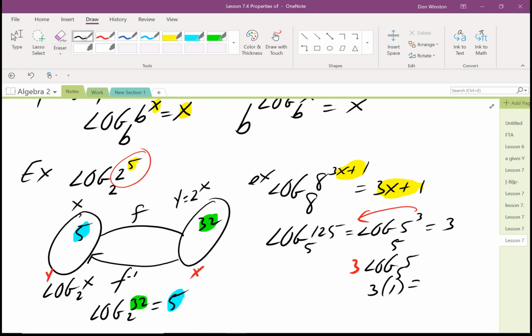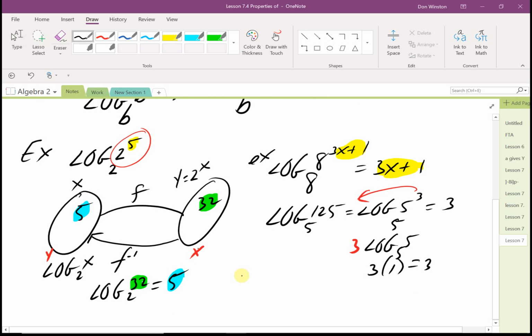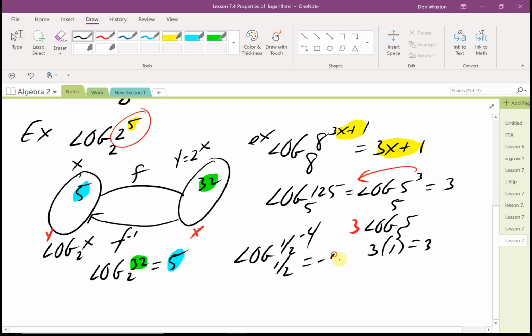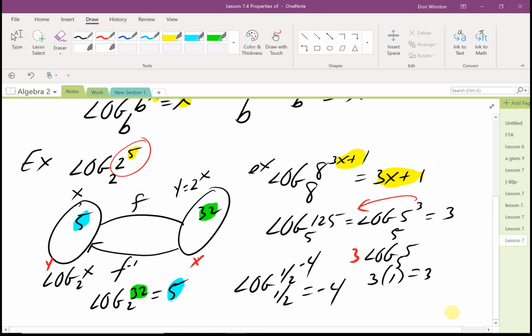And then lastly, if I had log base 1/2 of 1/2 raised to the minus 4, my bases are the same, and so that's just going to equal negative 4. So pretty easy property to understand. The inverse property is also one of the most important.